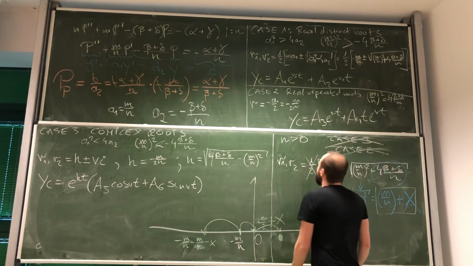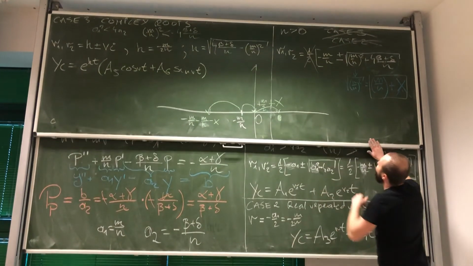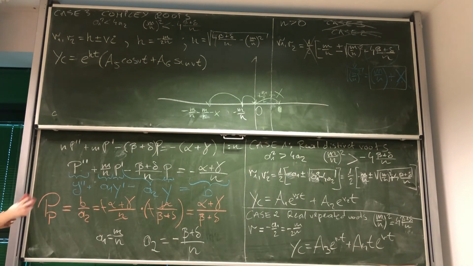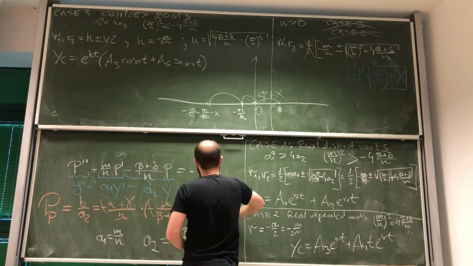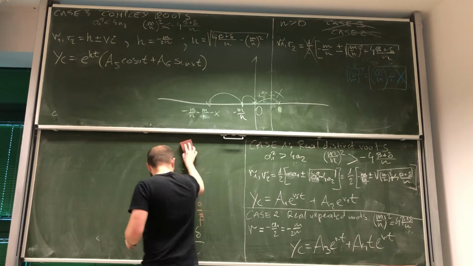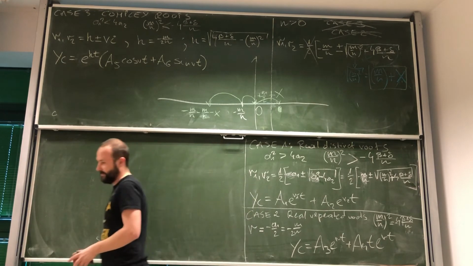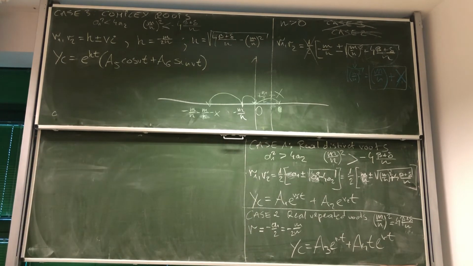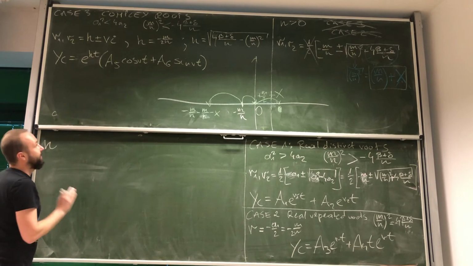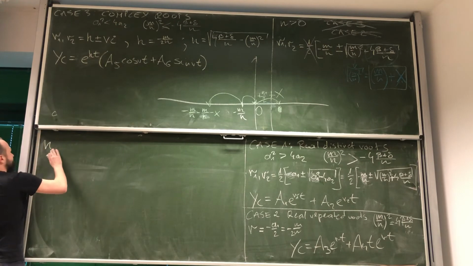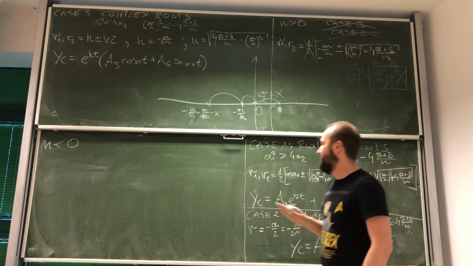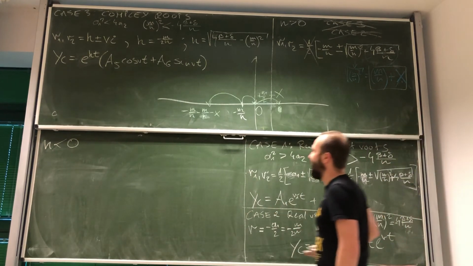Okay, so now that we've got the case of n bigger than 0 done, now let's move to the case of n being smaller than 0. Okay, so now, what if n is lower than 0? Okay, look, if n is lower than 0, then what do we have?